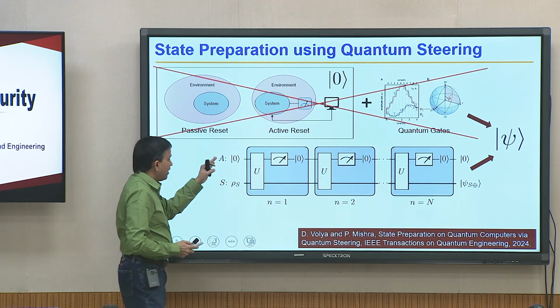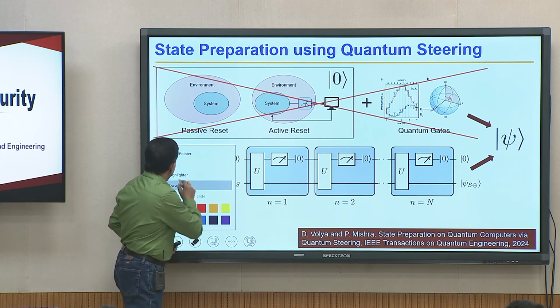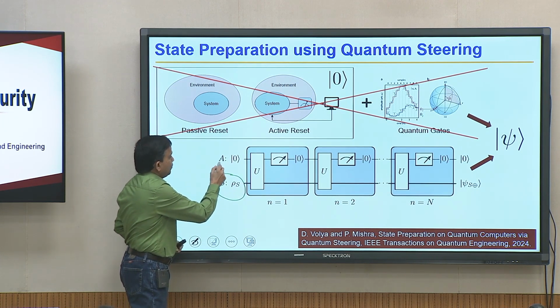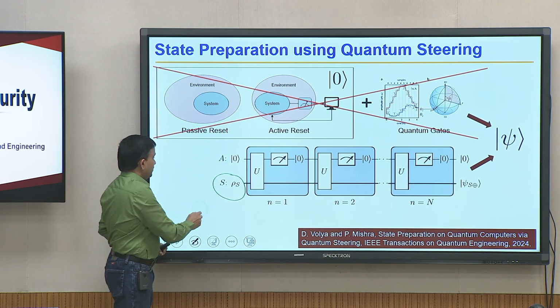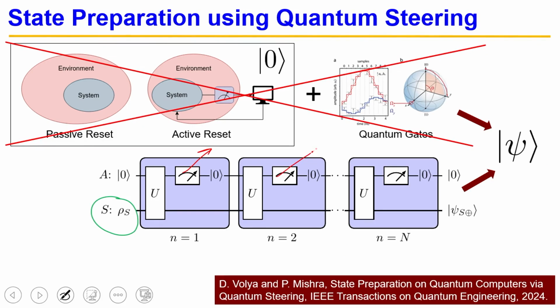If you have 2 qubits, this is the system qubit I want to initialize, then let us entangle it with another qubit, we call it an auxiliary qubit, and let us keep harassing it. Remember the beating? The harassment is we keep measuring it. An interesting phenomenon, which exists in the physics community, everybody in physics knows about it.